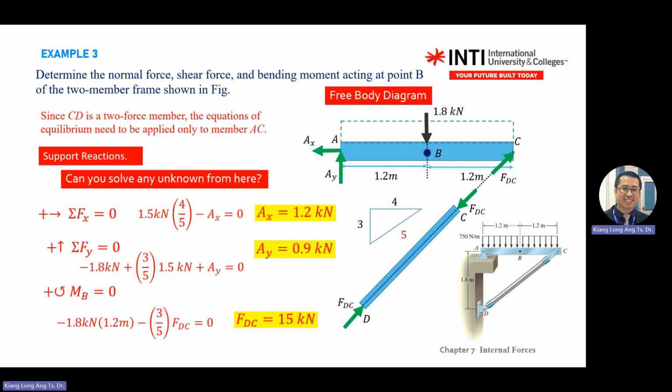Okay, so let's just try to solve this one. 4, 5, 3. So this one is FDC.